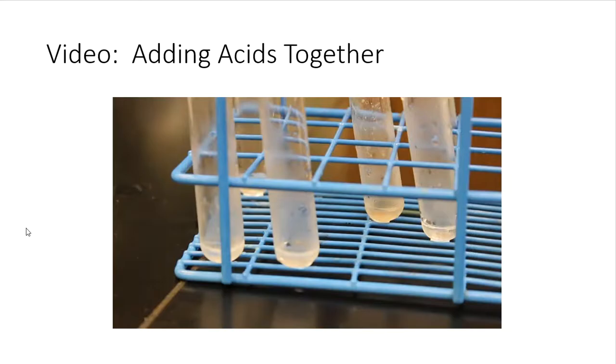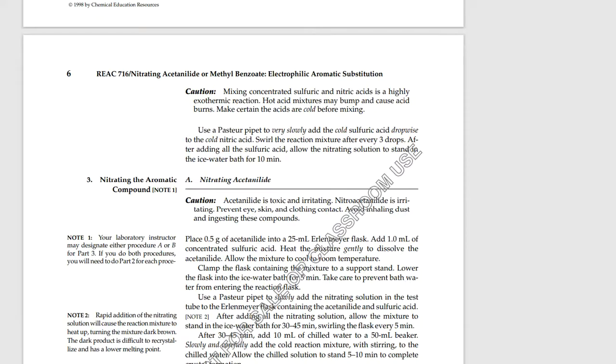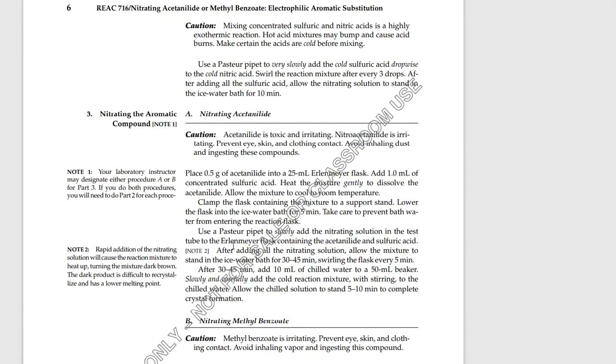All right, so what I have here is a video, and it's just me adding the acids together at this step. If I go back to the directions, it's then going to say, okay, now that you have cooled these acids together, you need to mix the nitric and the sulfuric into one test tube, because you're eventually going to add that at the same time into these reagents. All right, so that's what I'm going to do.